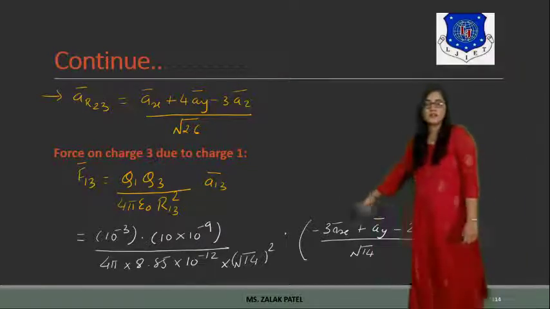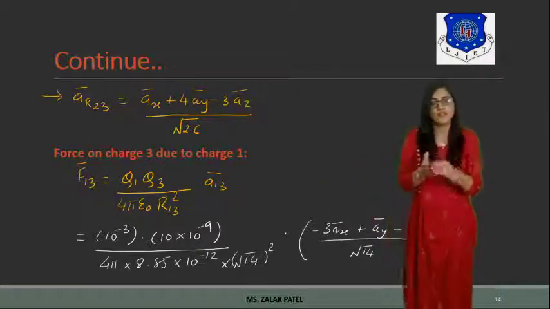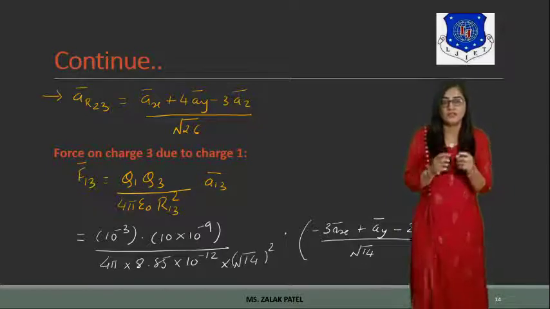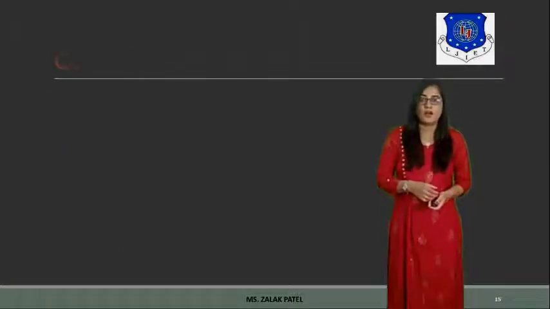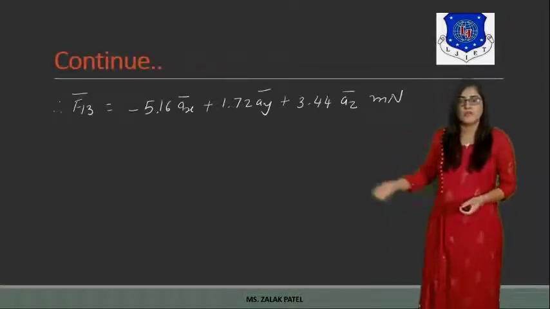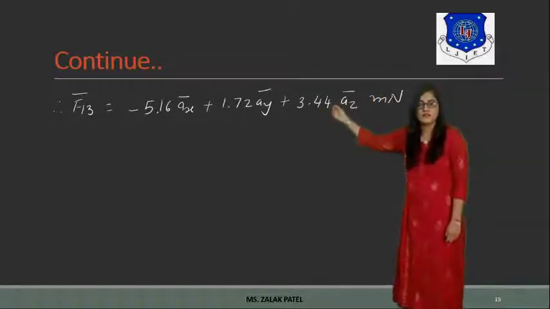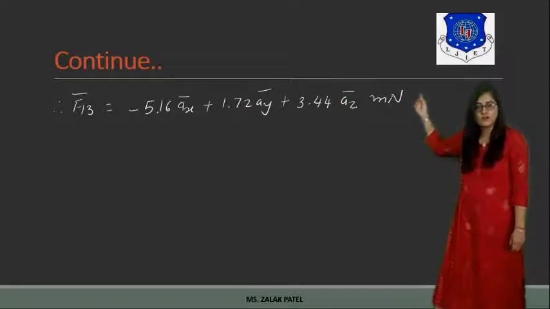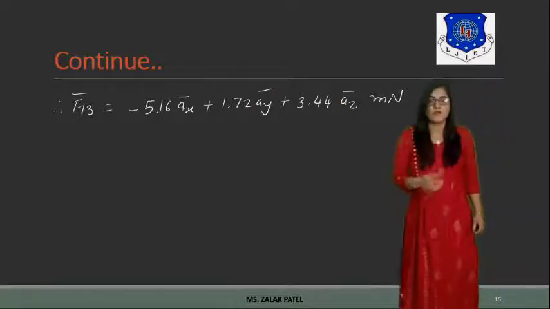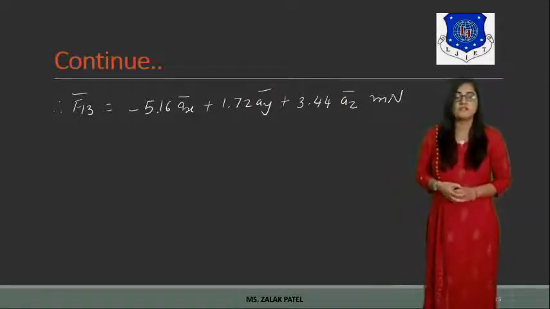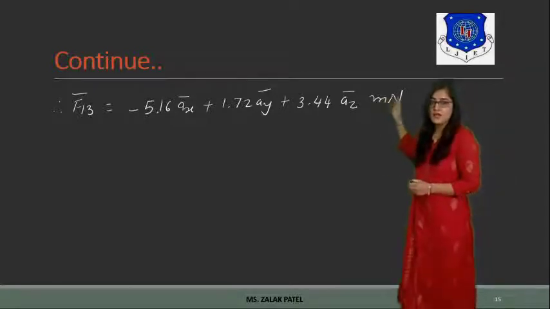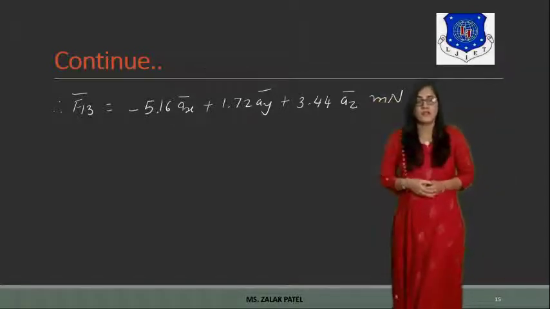The answer for the first case, the force on the third charge due to the first charge, will be minus 5.16 ax plus 1.72 ay plus 3.44 az millinewton, meaning 10 raised to minus 3 Newton.